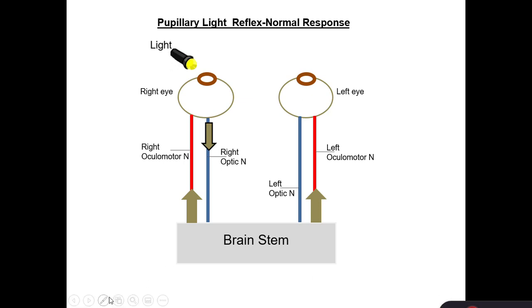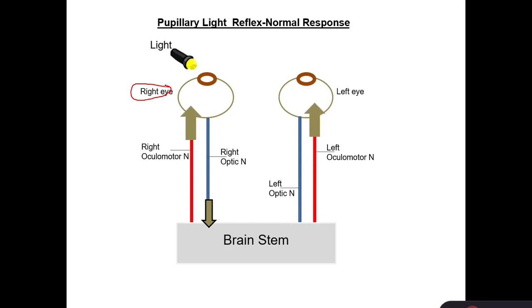So here the light is shined into the right eye. Then what happens here is that the right optic nerve takes the signal into the brain stem, which is the center. Then the center in the brain stem will stimulate both the right and left oculomotor nerves.